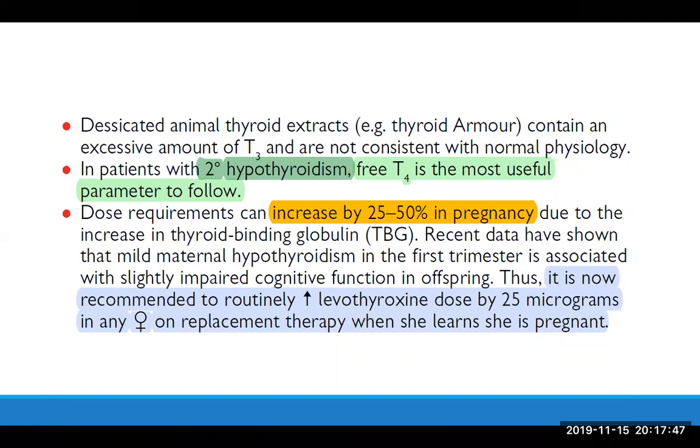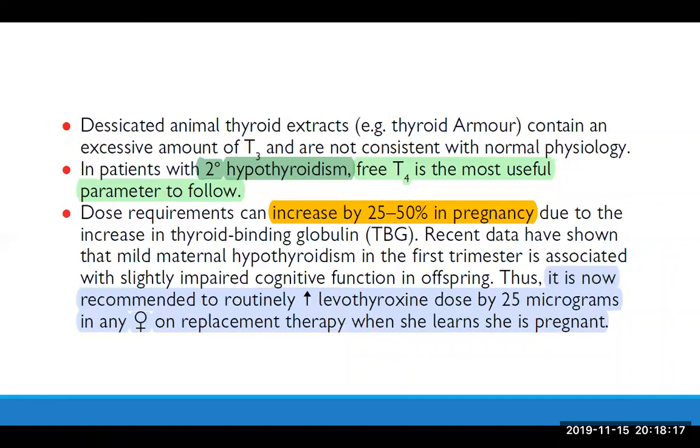And of course, during pregnancy, as we said, we must increase the dose by 25 to 50%. And actually, in our previous exam, not the last one, the previous one, they gave us a scenario: a female who is stable on 100 microgram levothyroxine and gets pregnant, and her TSH is within normal, about 2.5.